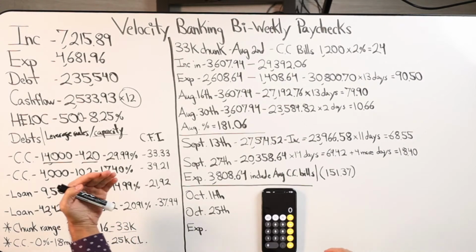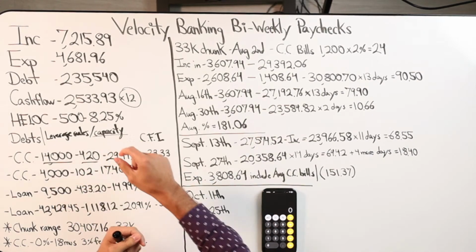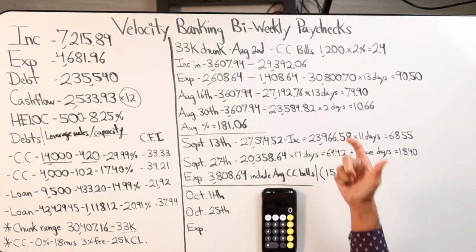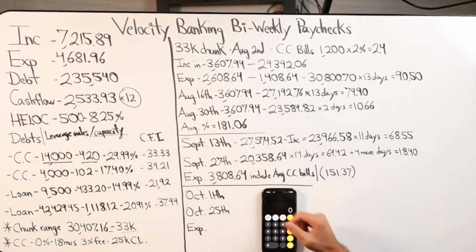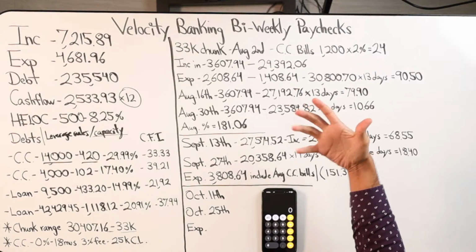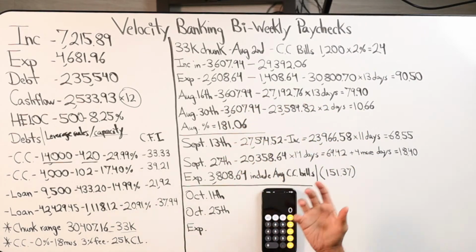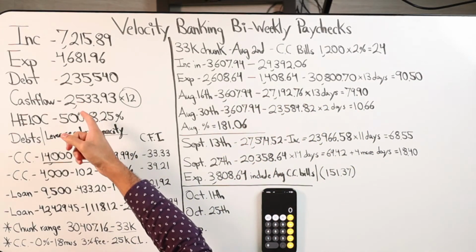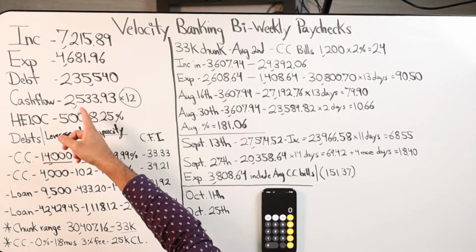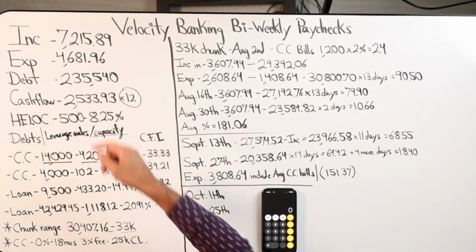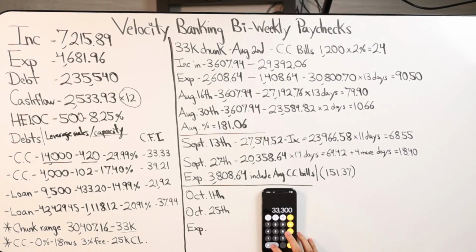Okay? So, one of the ways to determine your capacity to leverage that 333,000 is you ask yourself this mathematical question, which is we take our current cash flow, 2,533.93, right? Divide it by 66% of the line of credit. So 333,000 divided by 2,533.93.